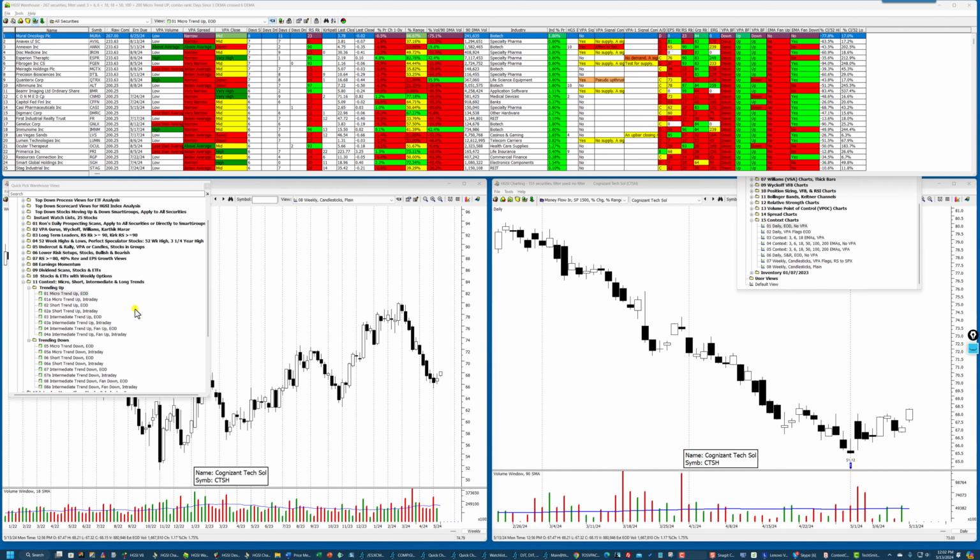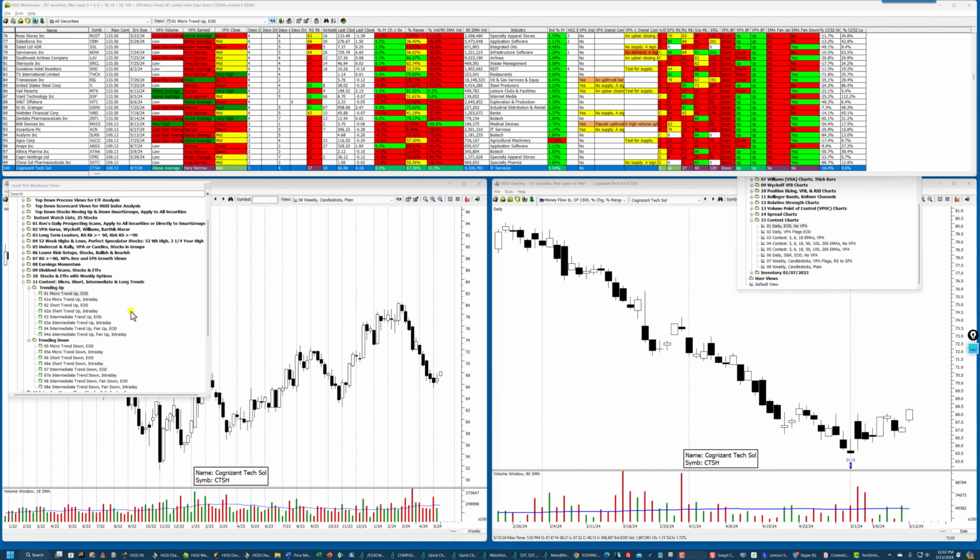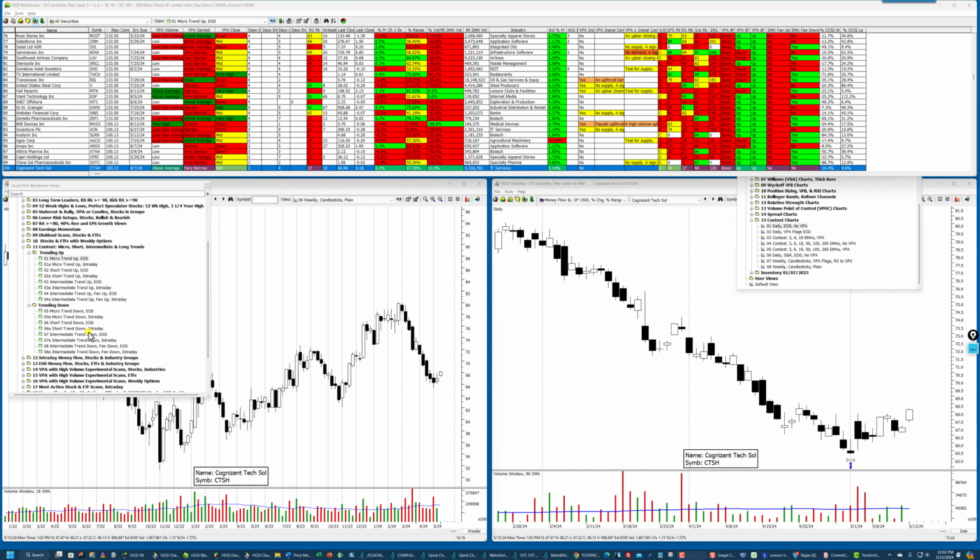There's a description in that PDF file of what all these are: micros, short-term, intermediate, and so on. It's listed in that PDF file you can download. And I have the same thing for down. Now these are scans, so we can quickly go to the type of trend we're looking for.